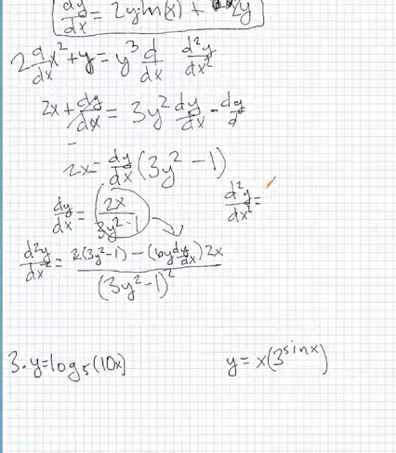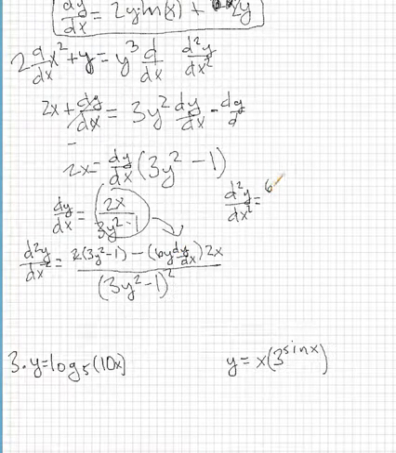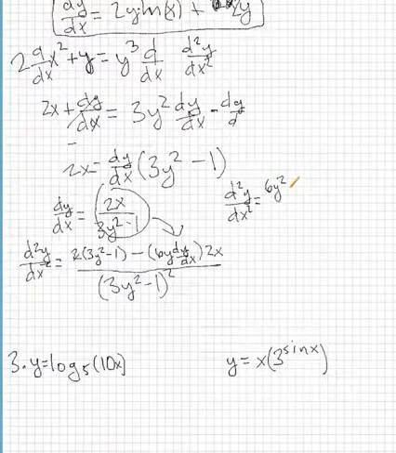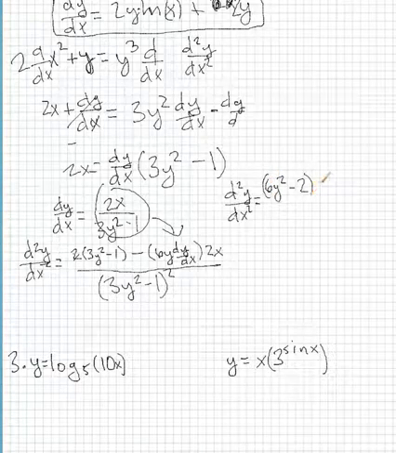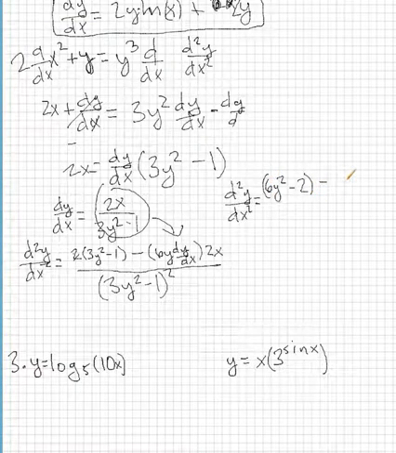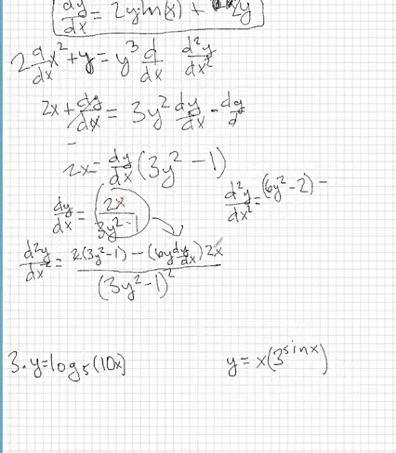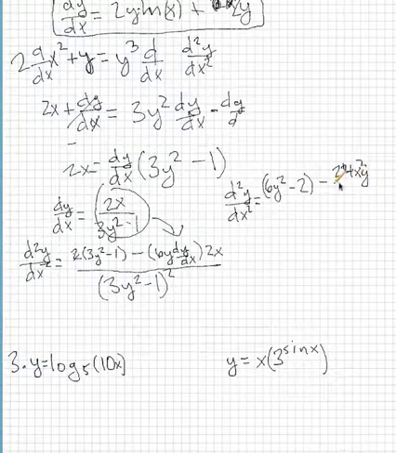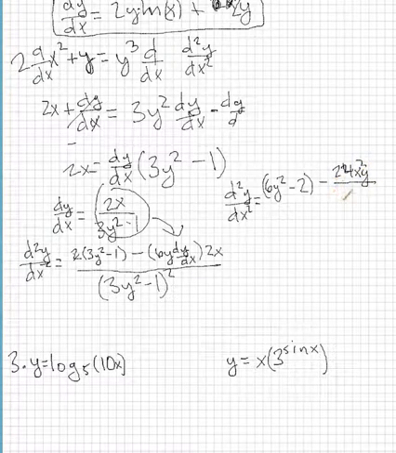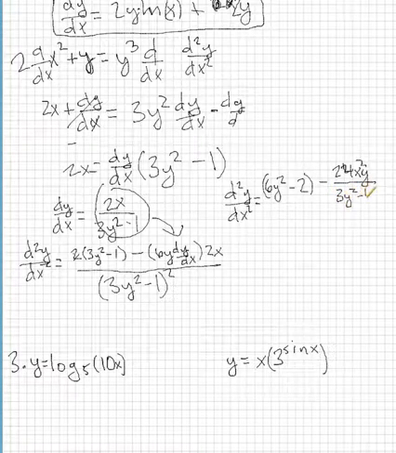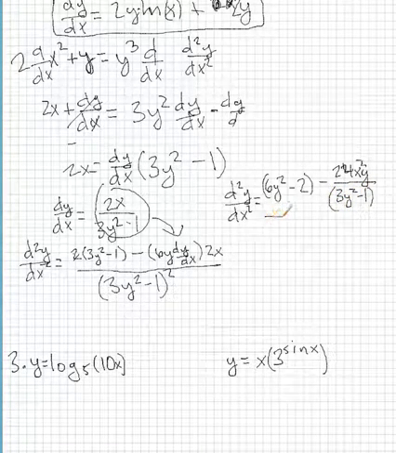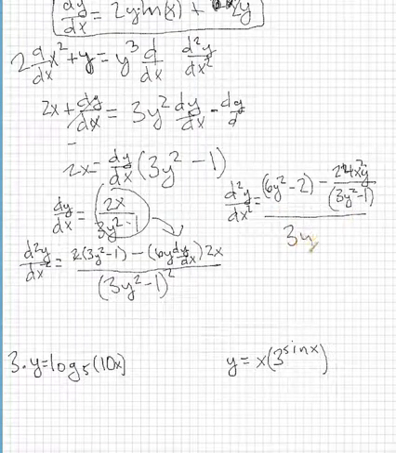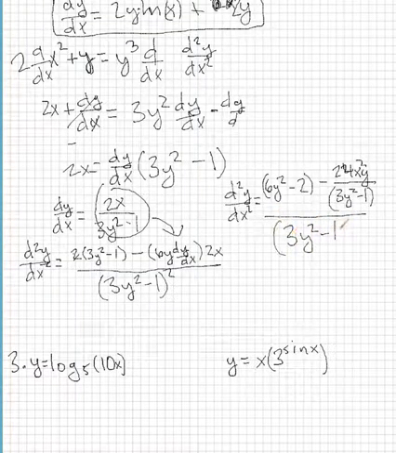So it's going to be 6y squared minus 2, then minus, and this is going to be 2x right here, and then 6 times 2 is 12, so 12x squared y on top, and then the bottom is 3y squared minus 1, all over 3y squared minus 1 squared.